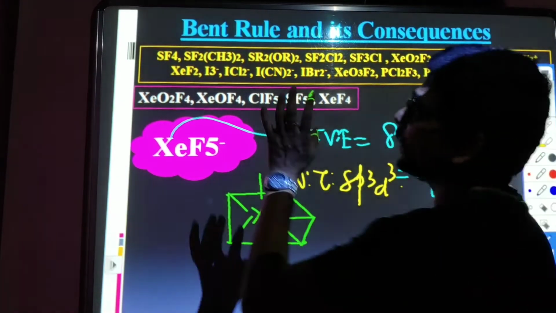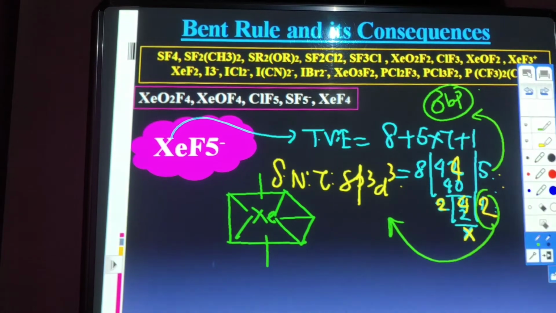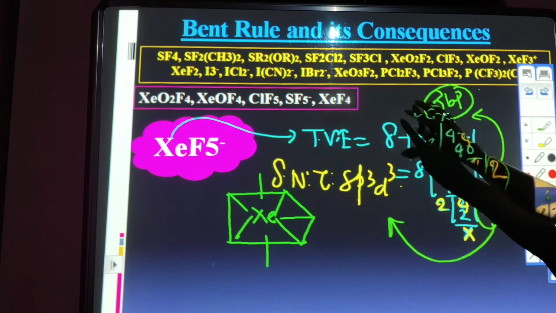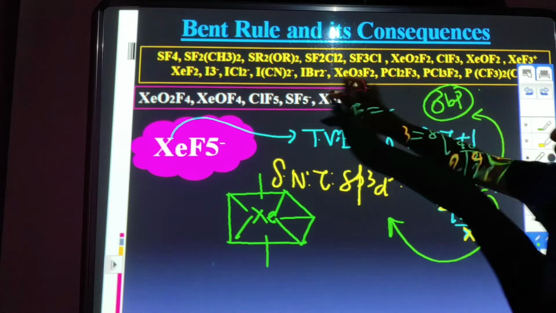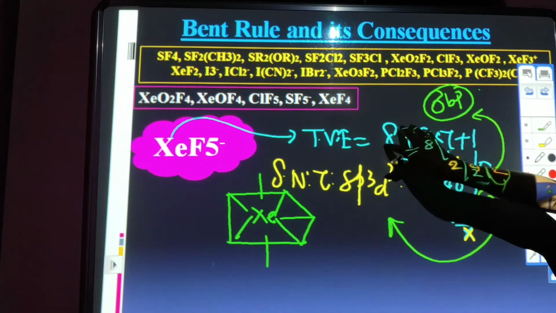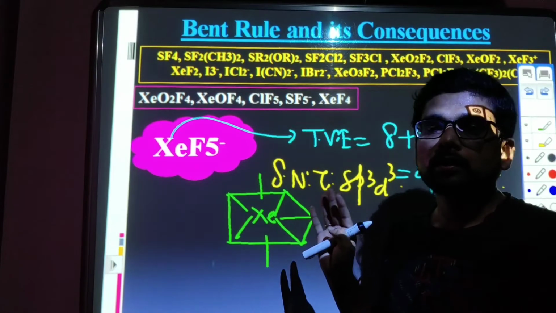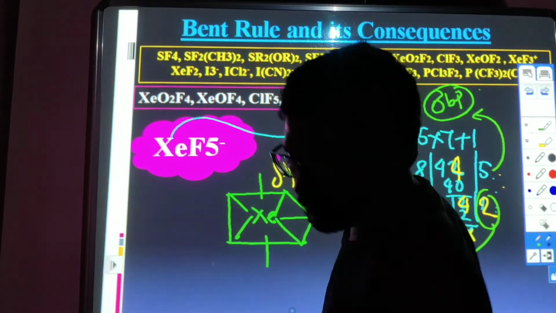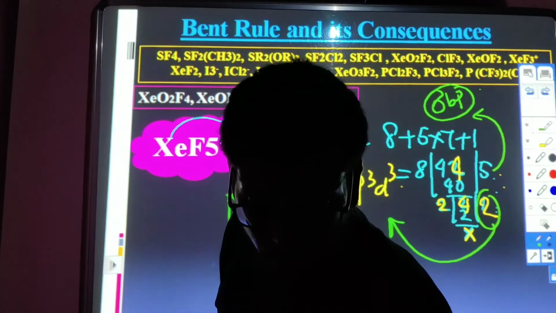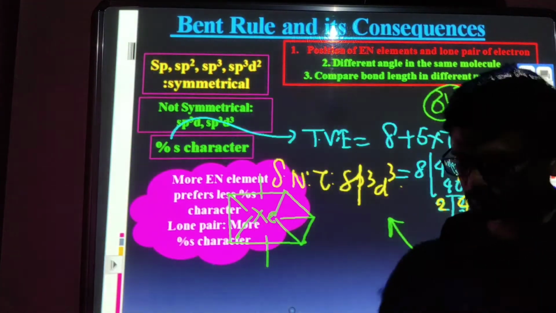Okay. Now what is Bent rule? In order to explain this, we need Bent rule.